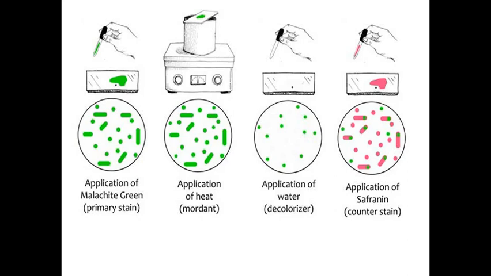Then you add the secondary stain, safranin, on the smear and allow it to react for 30 seconds. After 30 seconds the slide is washed again with tap water, air dried and observed under the oil immersion objective.